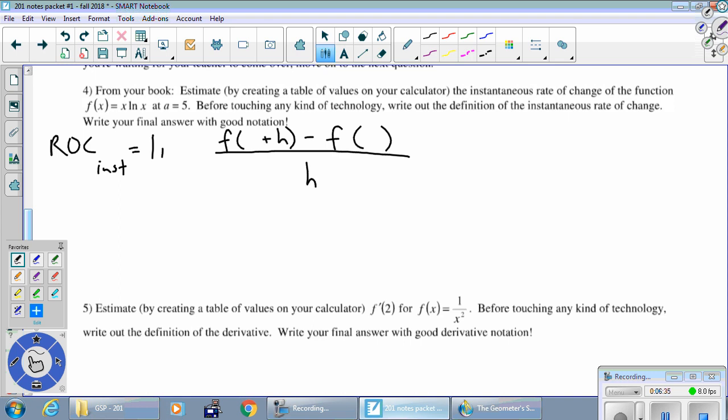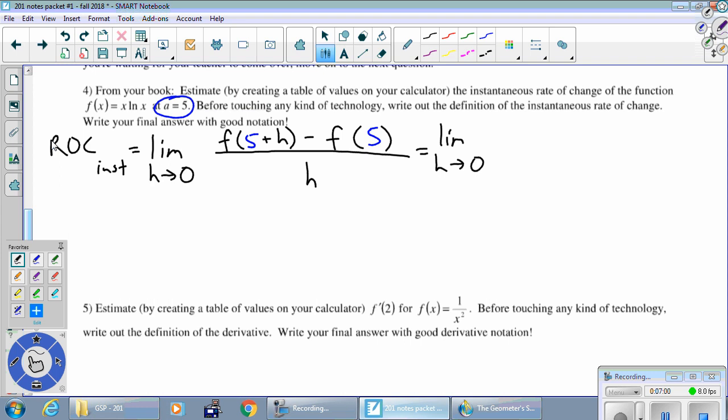And even the part in the front, which is a limit, we can write that too, because h is always going to 0. And so the only unknowns are the two things that are blank right now, and that's the value of a, which in this case is 5. So it's 5 plus h and 5. Okay, so a tiny bit of calculating, and then it's really no work at all here.